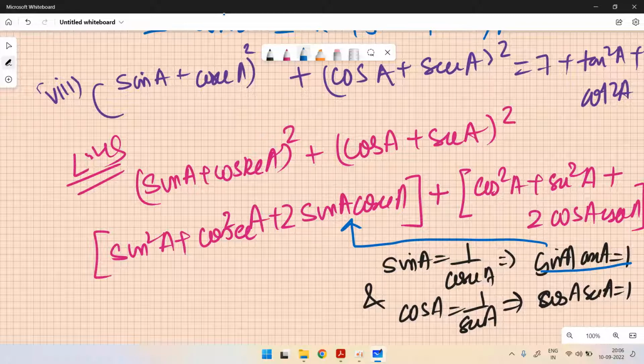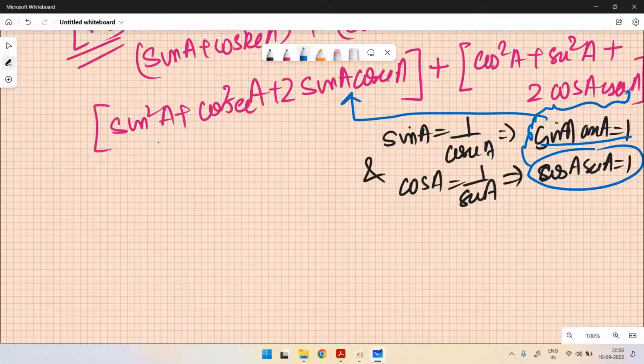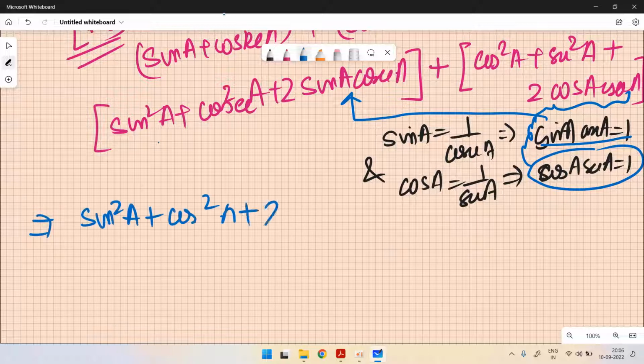And if I substitute these values, my entire expression will change to sine square A plus cosecant square A plus 2 into 1, plus cos square A plus secant square A plus 2 into 1.